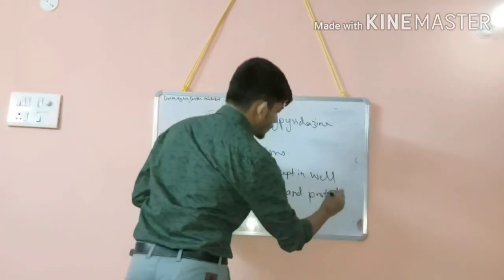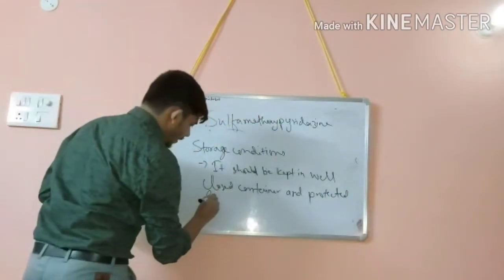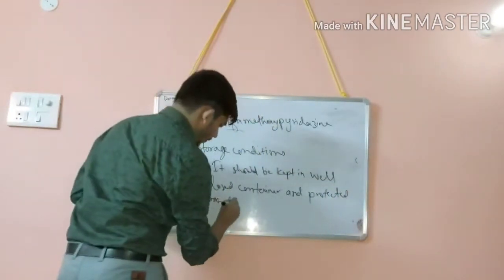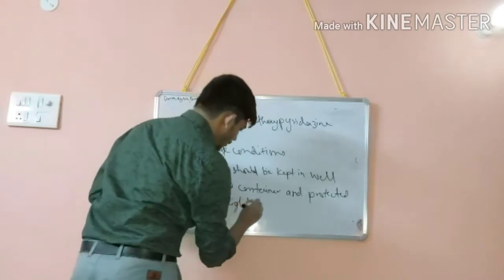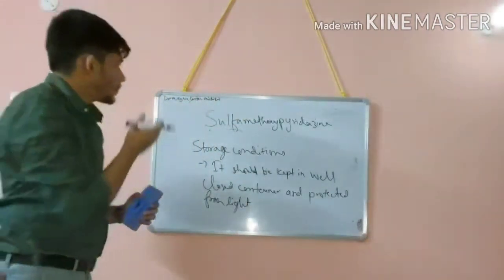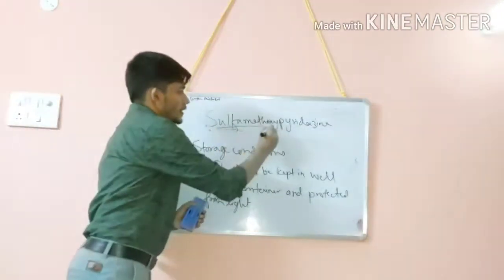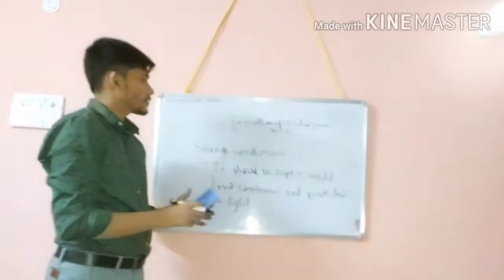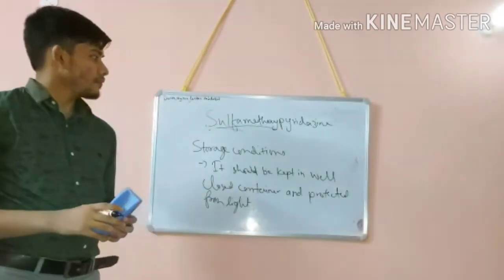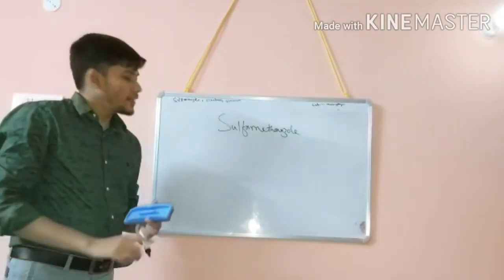For light protection we will use an amber color bottle or container. I hope you have understood this structure and this compound, all the properties, uses, storage condition and formulation.